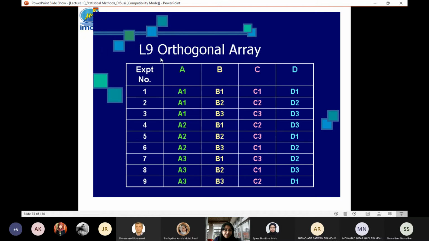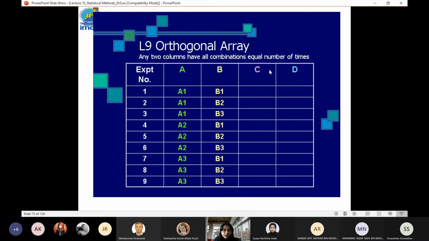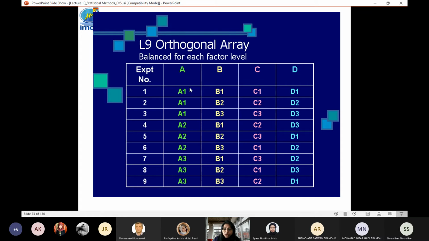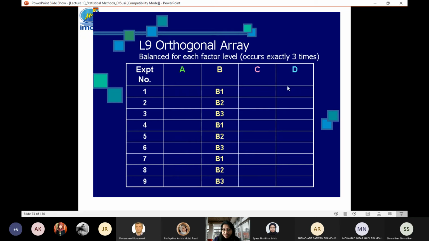And for L9, you have 4 factors, and any 2 columns have all combinations equal number of times. So A1, B2. We call it a magic square. It was developed by Genichi Taguchi. By following these sequences in the experiment, you can get a significant signal to noise ratio, as we'll see after this for a few experiments. So experiment 1, you must use A1, B1, C1, D1, and so forth. So 1 to 9 has a fixed number of levels that you need to follow.